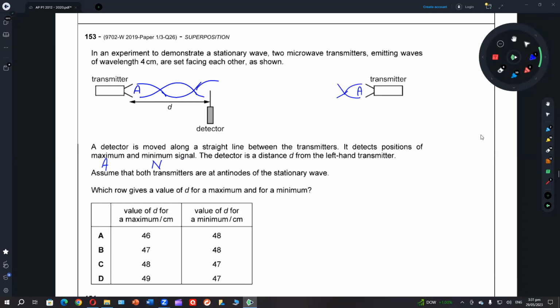But now he says that from the left-hand transmitter, it is obvious that the starting point is a node.